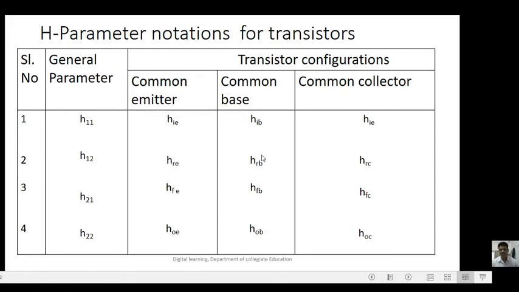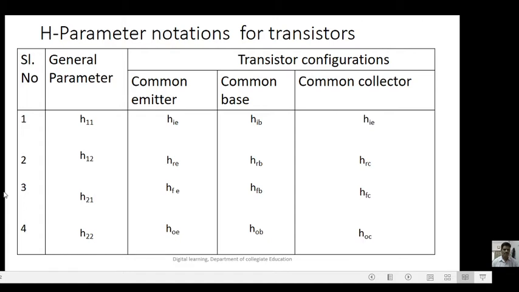The second line indicates common base, and here HFC is common. C is common in all the terms. So, common emitter, common base, common collector.